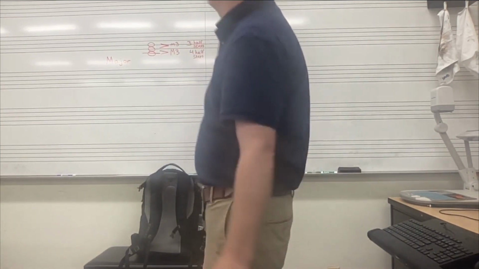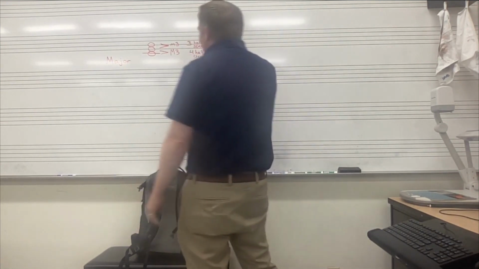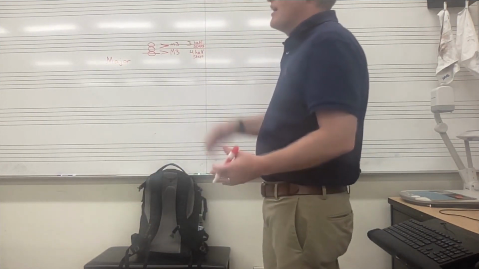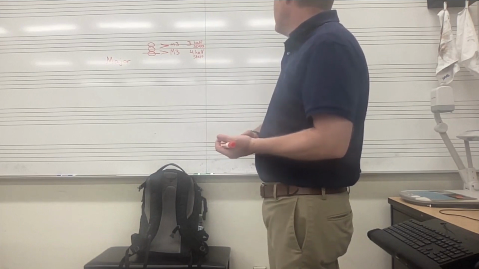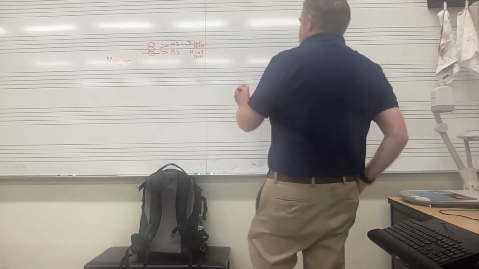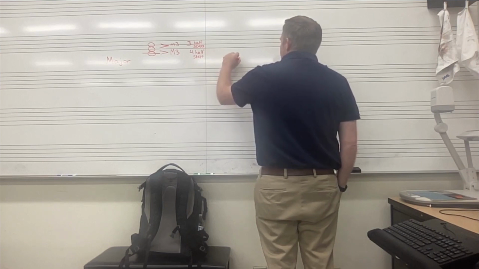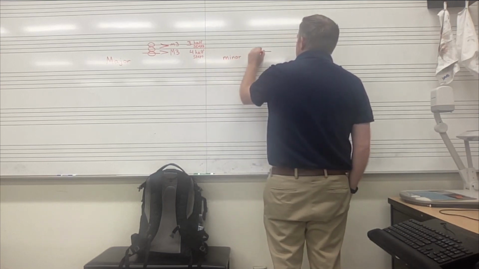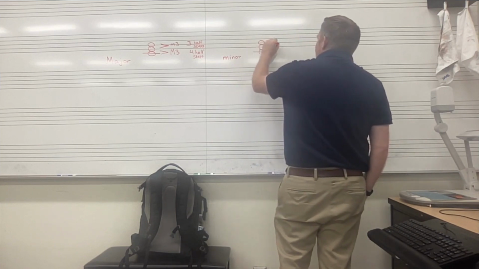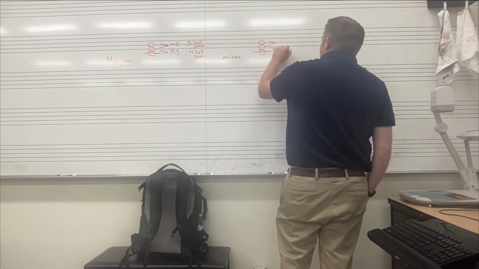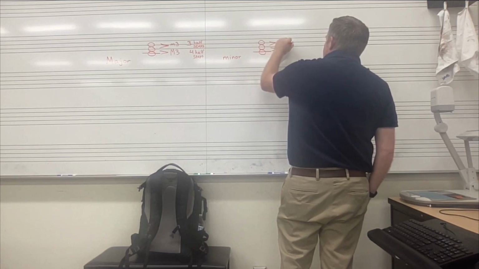They make me happy. Okay, so we're going to take major and we're going to make minor. What is minor in relation to major? Anybody know what we're going to do? Do 3 half steps instead of the 4? Yeah, we're going to flip them. We're going to flip-flop them. So we're going to have the minor third on the bottom and the major third on the top.